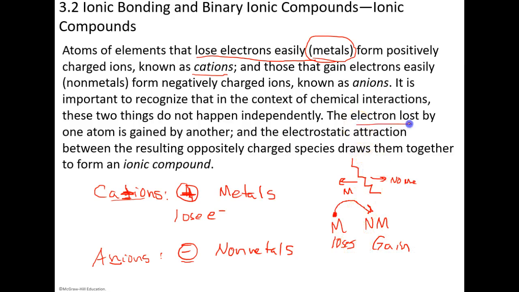An electron lost by an atom is always gained by another, and you have an electrostatic interaction between the opposite charges, which we call an ionic compound. Sodium is a metal that likes to lose an electron, and chlorine likes to gain an electron. These opposite charges attract each other, and you have sodium chloride.